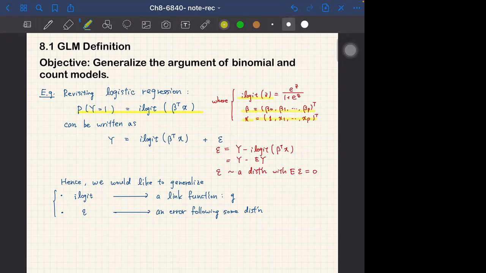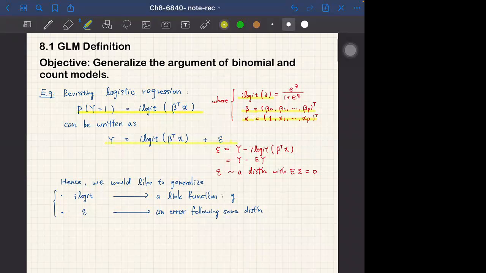And this can be written this way: y is equal to inverse logit of beta transposed x plus epsilon. Originally I did explain that the logistic regression doesn't have an error term, but we take the expectation. But it is the same thing.